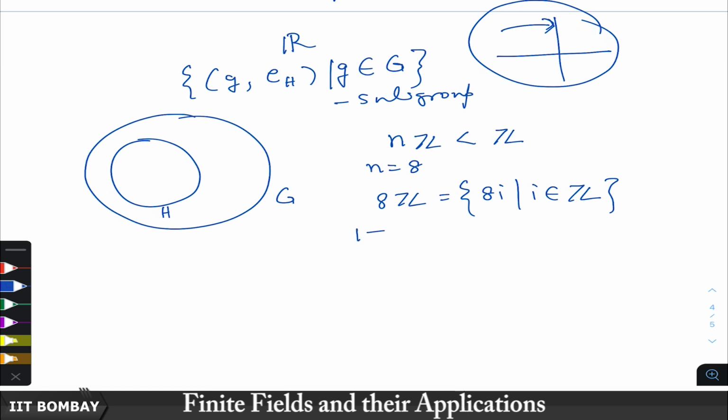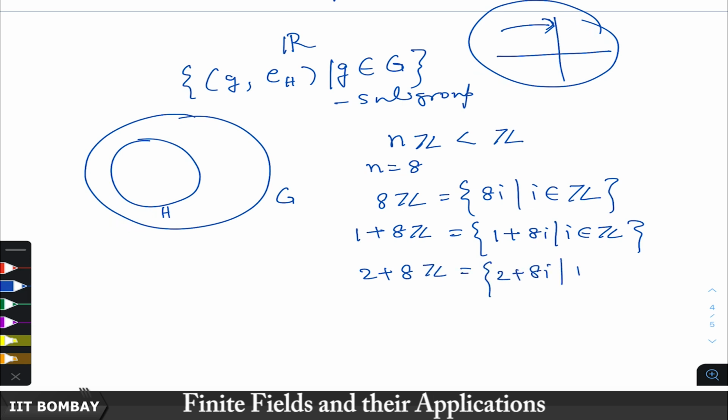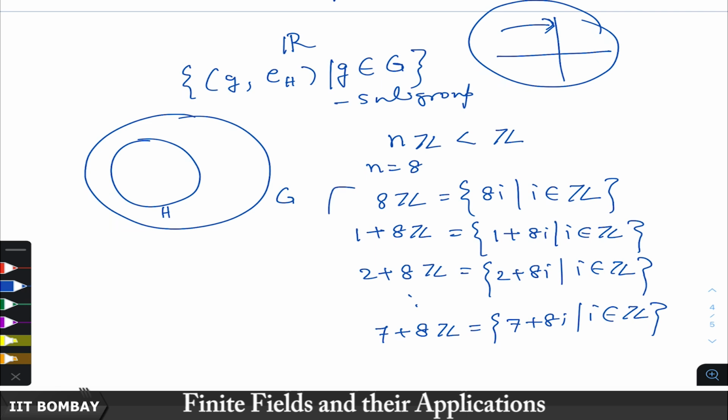Which means we take 1 + 8Z, which is the set of elements of the form 1 + 8i, where i is in Z, 2 + 8Z, which is 2 + 8i, where i is in Z, and so on up to 7 + 8Z, which is 7 + 8i, where i is in Z.